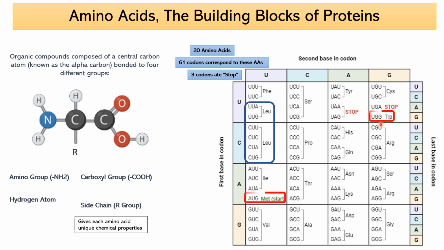However, some amino acids correspond to just one codon, and these amino acids do not tolerate any change in the codon sequence. So that's in general what amino acids are, the building blocks of proteins. Now let's start with translation, which is the process of protein synthesis.